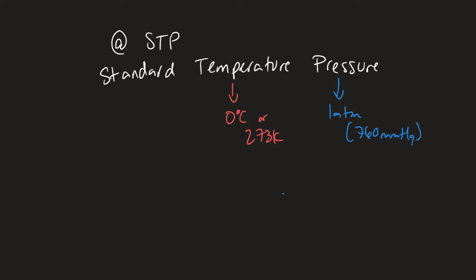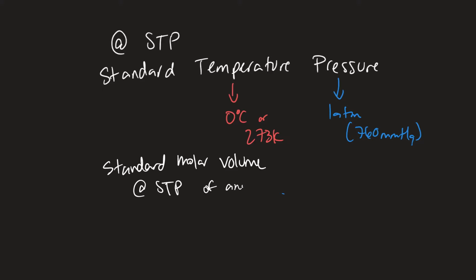When this is the case, the volume of that particular gas, which we will call the standard molar volume, at STP, the volume of any ideal gas is 22.4 liters per 1 mole.